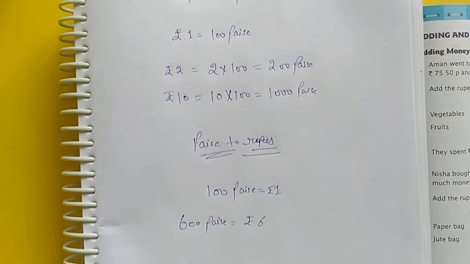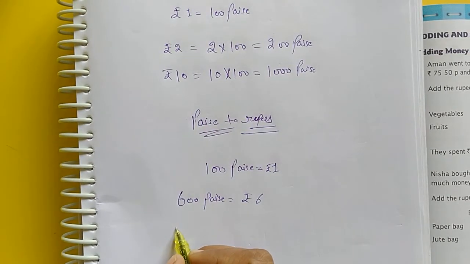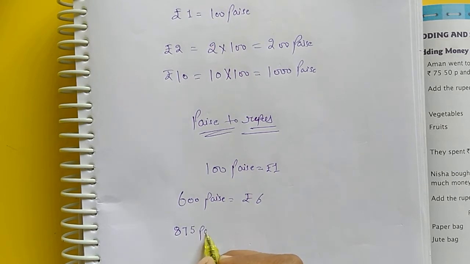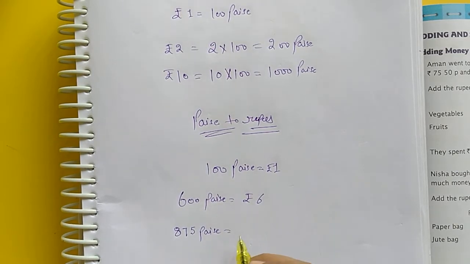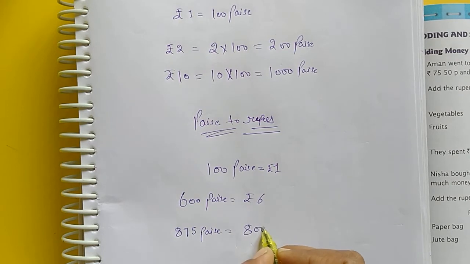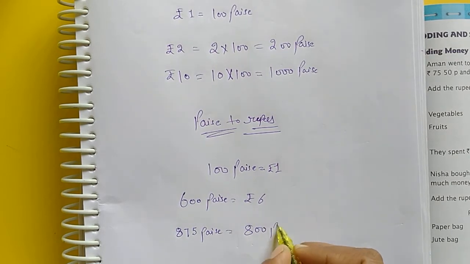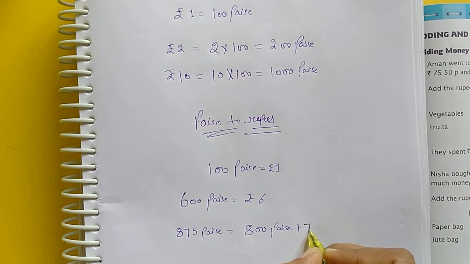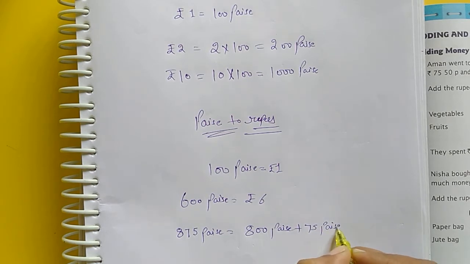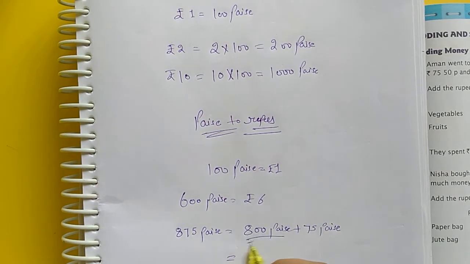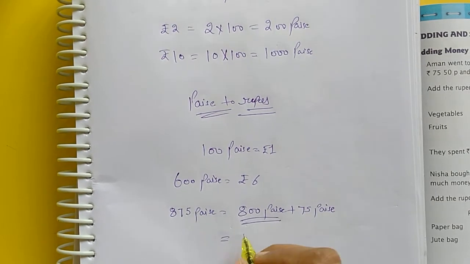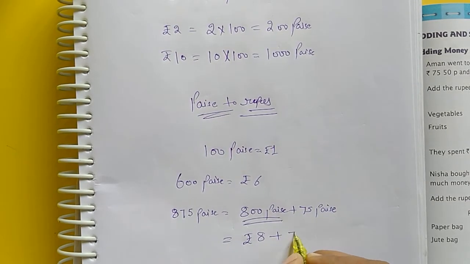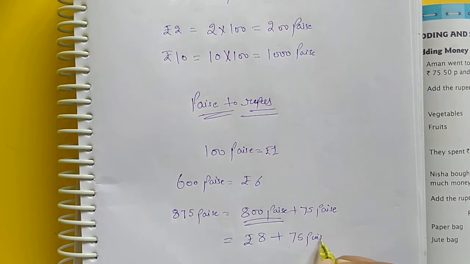Okay, for example we have 875 पैसे. So we also write 875 like this, 800 paise plus 75 paise. Okay, so we know very well that 800 paise means 8 rupees plus 75 paise.